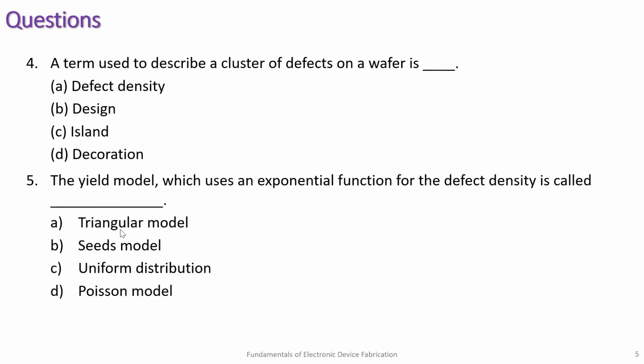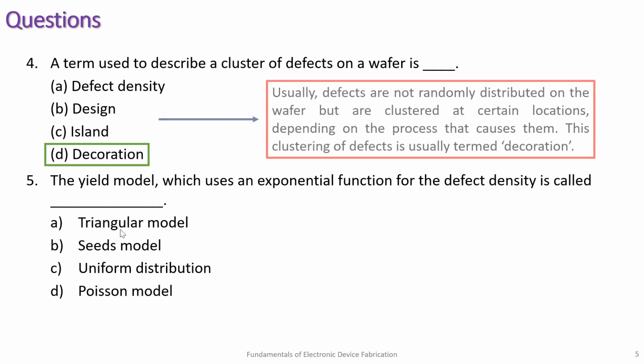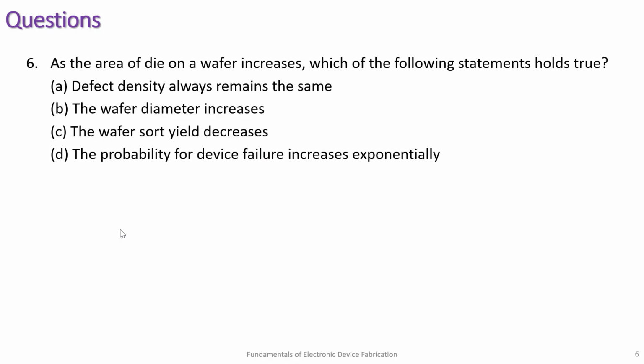A term used to describe a cluster of defects on a wafer is dash. Decoration. Any other answers? Anybody else? Yeah. Next, the yield model which uses an exponential function for defect density is called the Seeds model. Yes.